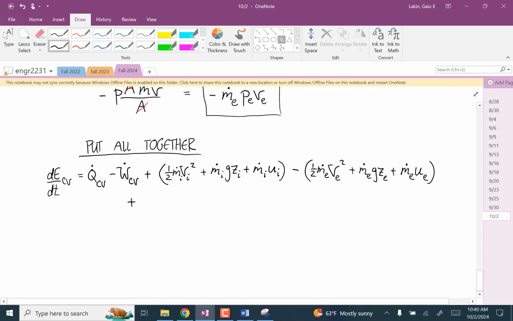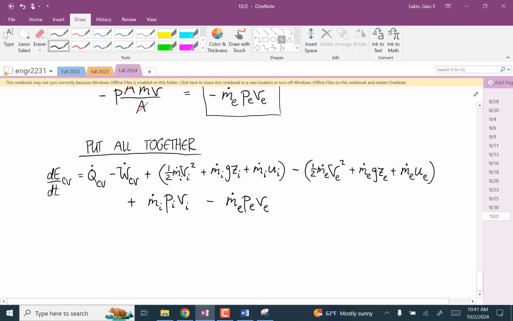So plus m inlet dot pressure at the inlet, specific volume at the inlet, minus m dot at the exit, pressure at the exit, v exit.